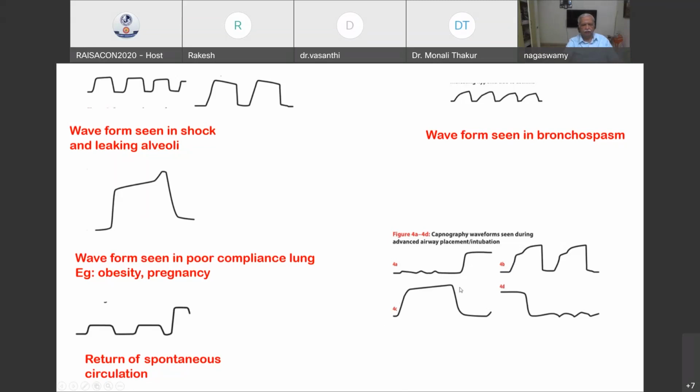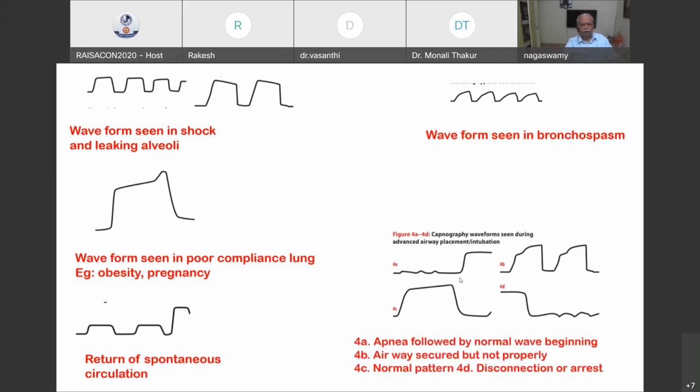Here, does it look normal? 4C is a normal pattern. And 4D is a normal pattern, but suddenly it again becomes like this. If you see all the explanations, in 4A the patient is apneic, but a normal wave begins later on, as the patient has started breathing.